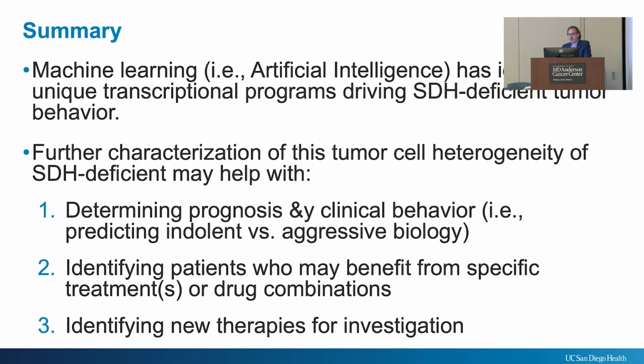We're learning that we can start using machine learning or artificial intelligence approaches to identify these different transcriptional programs in cells so that we can then, perhaps over the long term, start using this information to understand how we define the prognosis. How do we predict the prognosis in patients so that we can a priori figure out which are the indolent ones, which are the aggressive ones, which have bad behavior, which have good behavior?